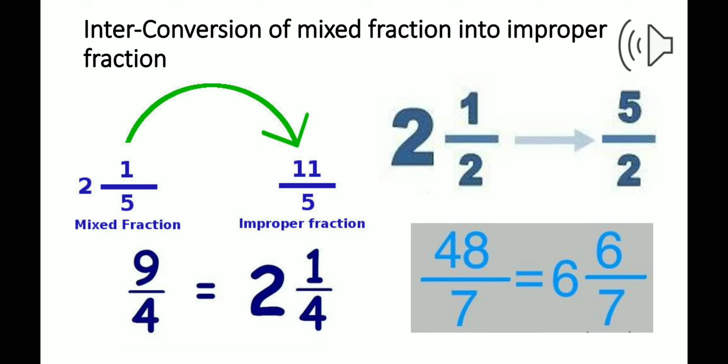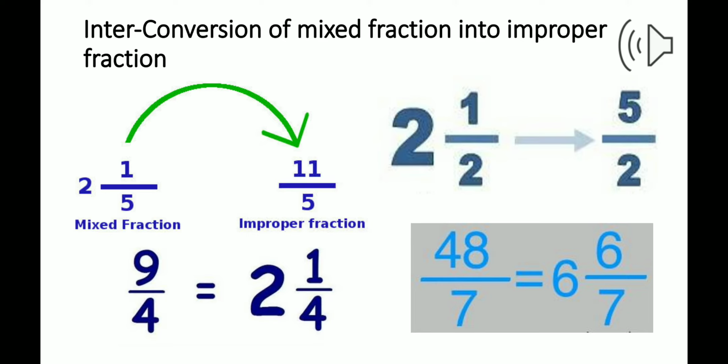So the remainder is 6. So 6 whole 6 by 7. Now you can see 7 times 6 is 42 and what remains? 6. So the remainder is our numerator, the complete number is the quotient, 48 is the dividend and 7 is the divisor.